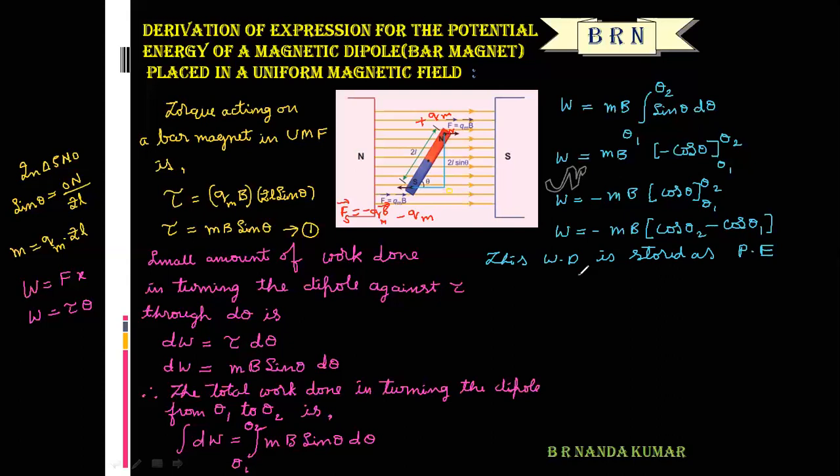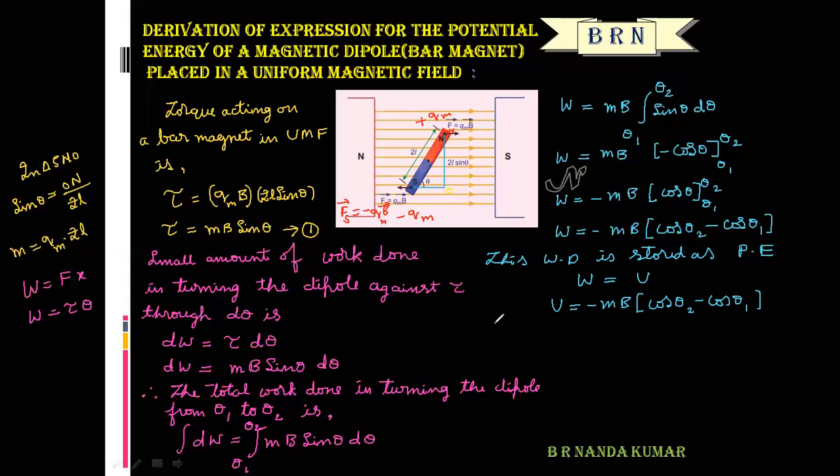Means W is equal to U. So U is equal to minus mB of cos theta 2 minus cos theta 1.